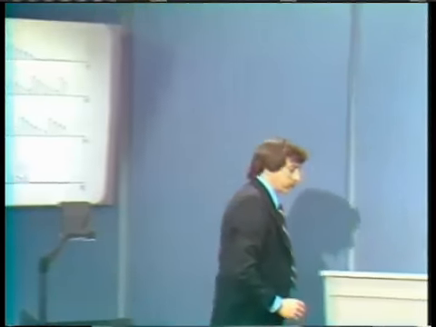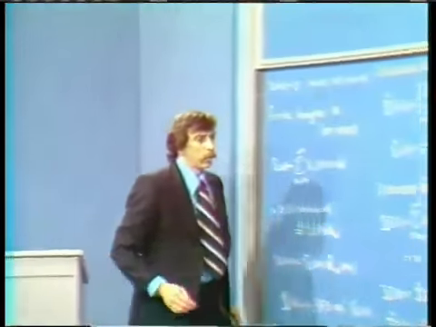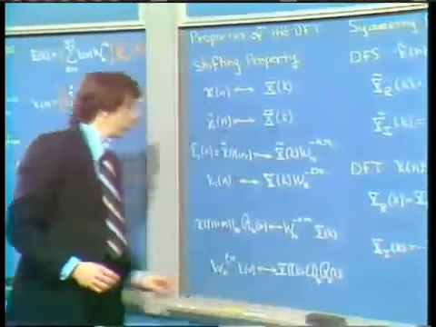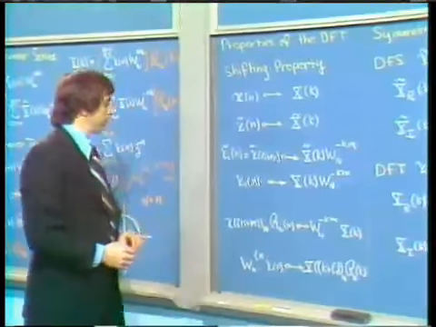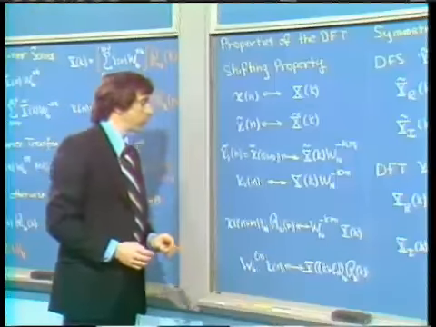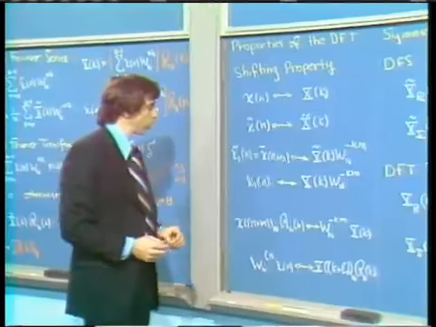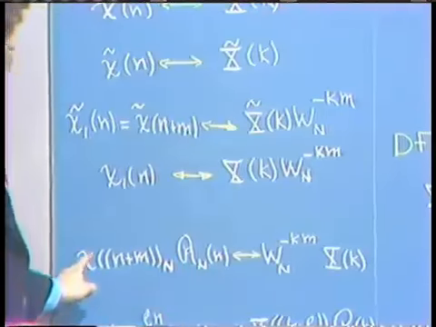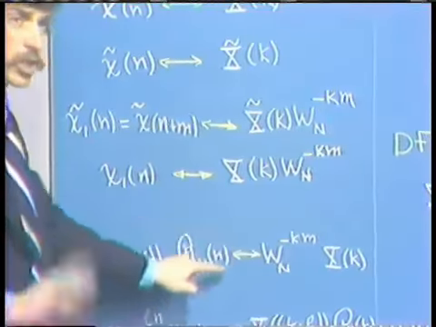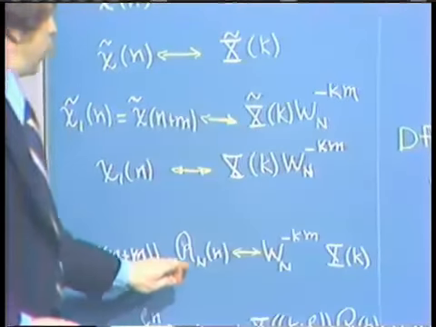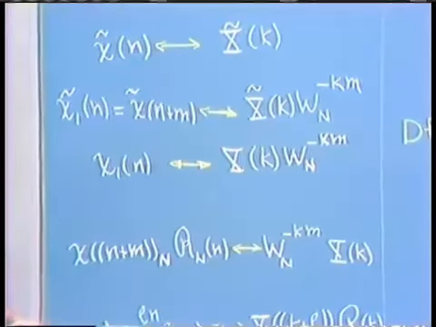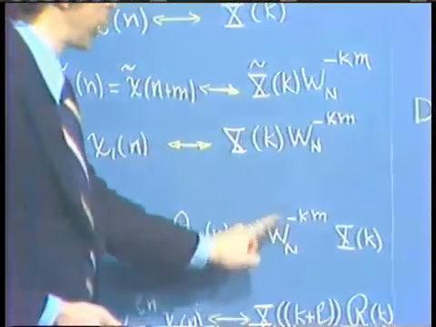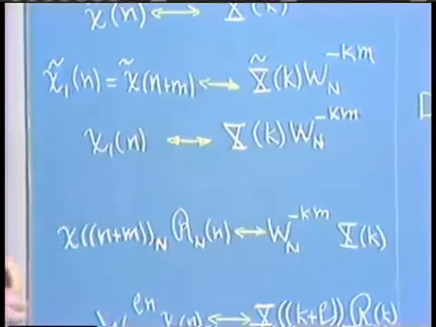Okay, so this then is our shifting property. I've rewritten it in a slightly different way here, corresponding to using the modular notation. That is, the statement is that a circular shift of x of n, and that's what all this means, just simply a circular shift, has as its discrete Fourier transform the original discrete Fourier transform multiplied by this complex exponential.